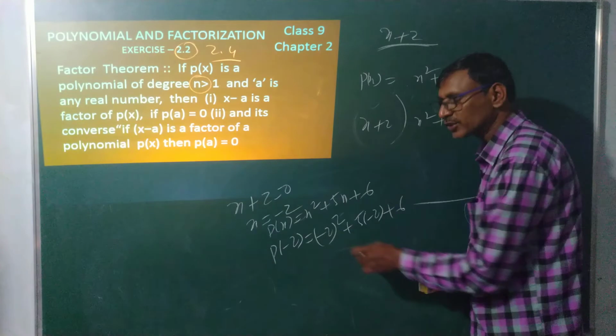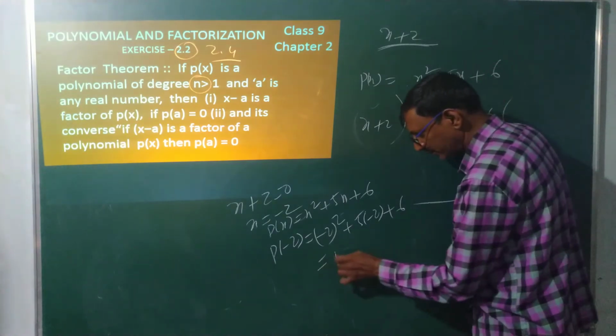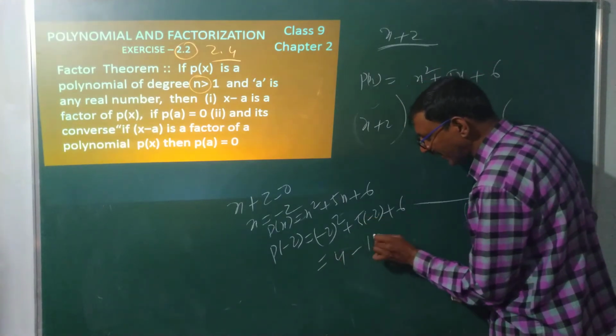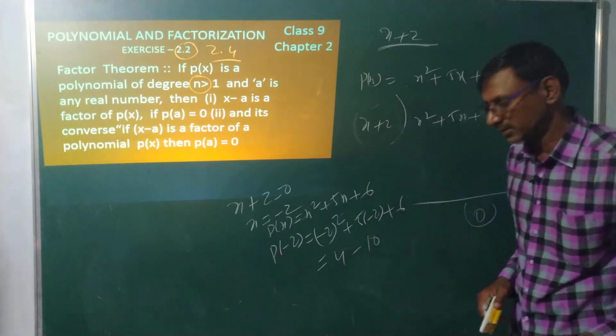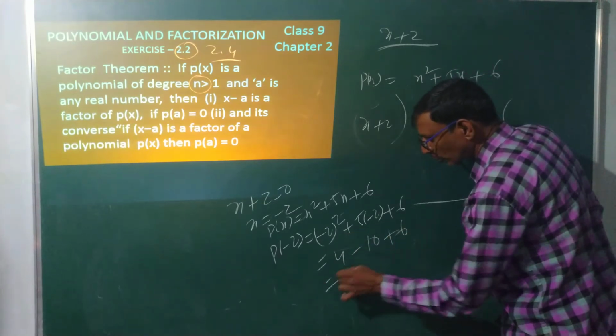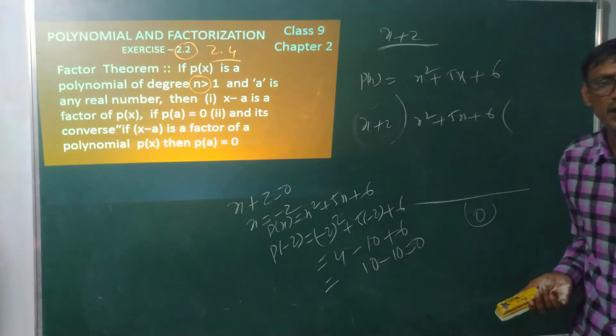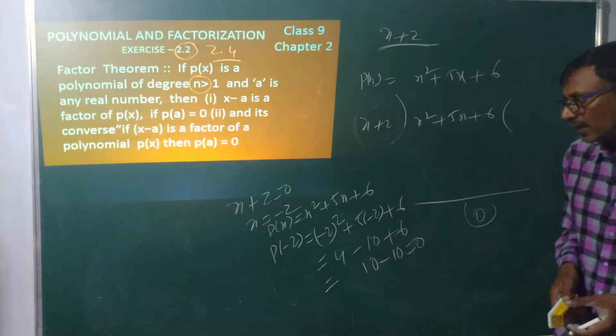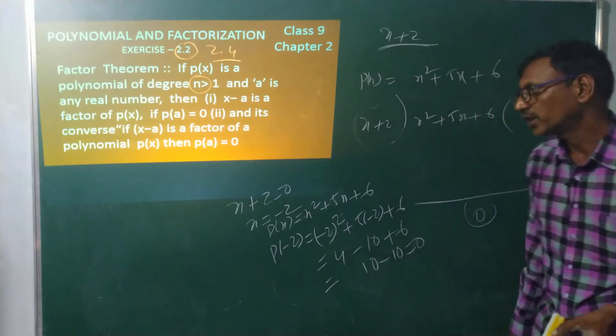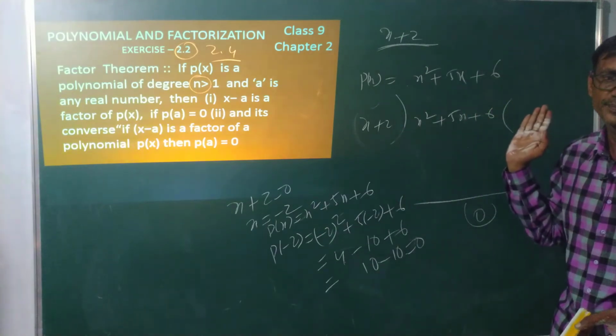Minus 2 square how much? 4. Very good. 2 5s are 10 with minus, plus 6. So 6 plus 4 is 10, 10 minus 10 is equal to 0. Therefore, x plus 2 is a factor of this.